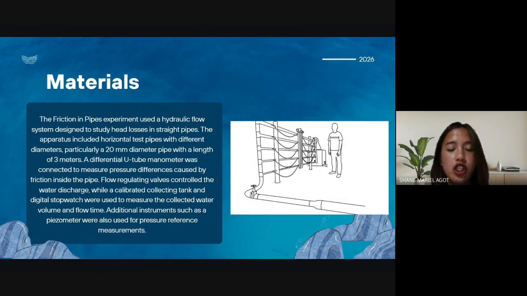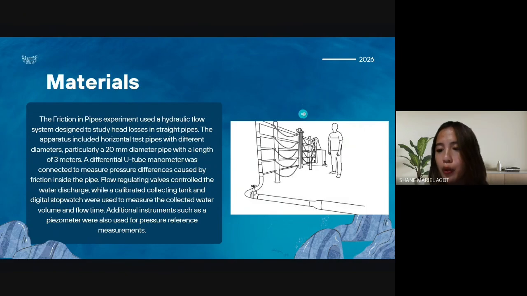A differential U-tube manometer was used to measure the pressure difference caused by friction inside the pipe. Flow regulating valves controlled the water discharge, while a collecting tank and digital stopwatch were used to measure the volume of water collected and the flow time. Additional instruments such as a piezometer were also used for pressure measurement.